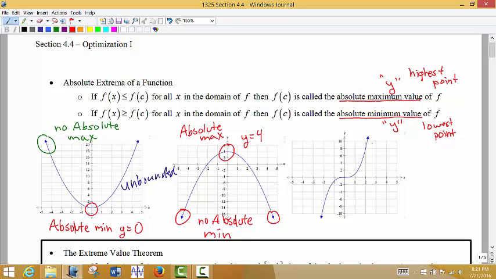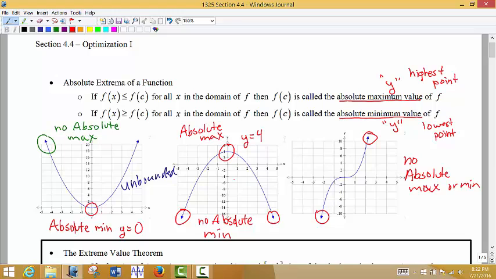All right, on this graph here, it looks like we have an arrow going up and an arrow going down. So it's unbounded growth going up and unbounded growth going down. So there is no absolute max or minimum. So it has neither. Okay, we call these unbounded graphs, so unbounded regions.